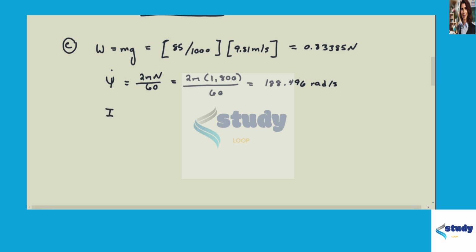Now we have our I, which is mk squared, which we have 85 divided by 1,000 to get to kilograms times 45 millimeters, but we need that in meters, so divided by 1,000 squared, and we get 172.125 times 10 to negative 6 kilograms meter squared.